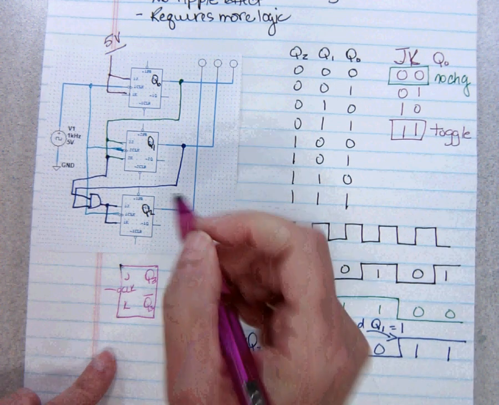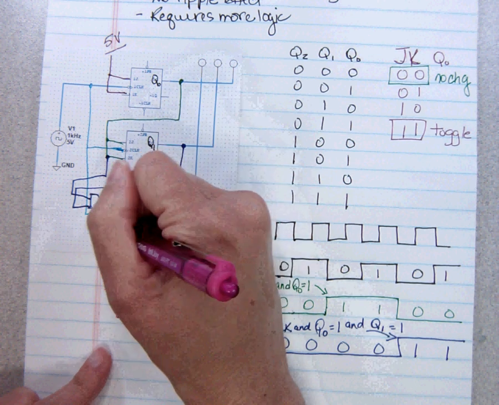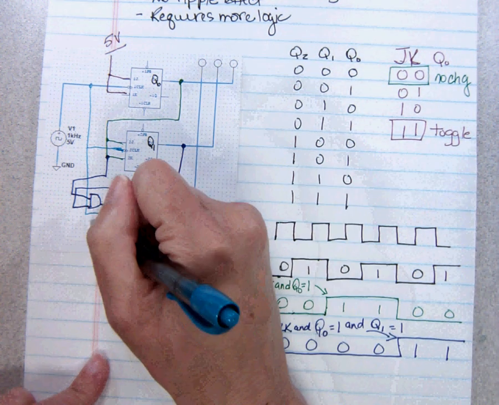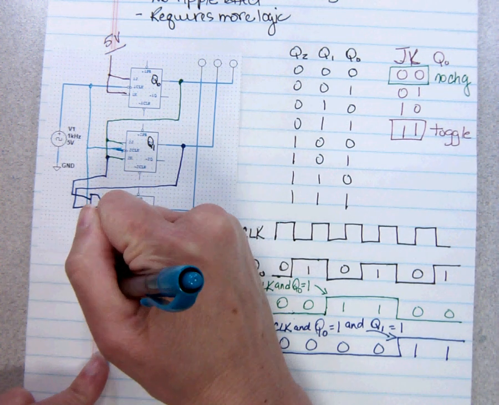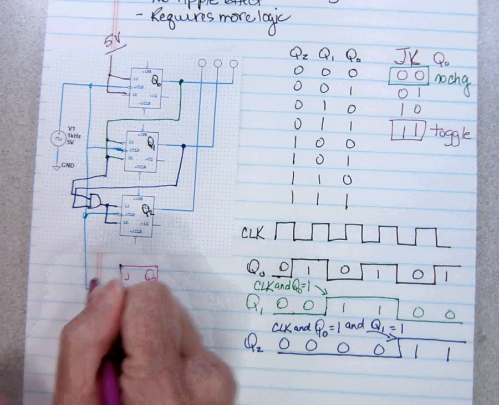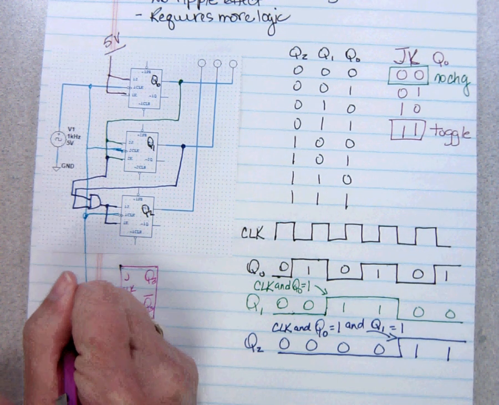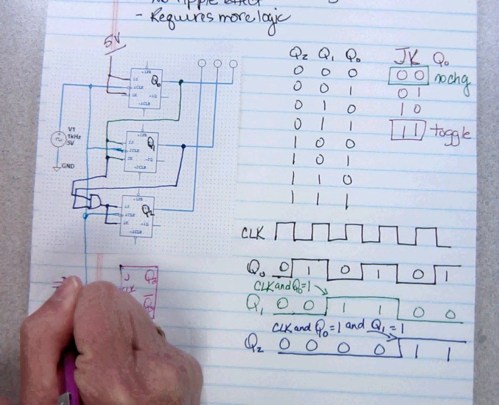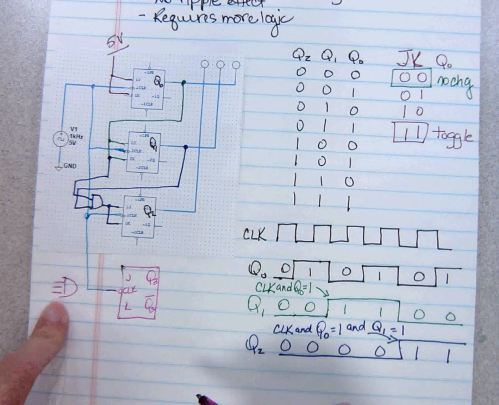So for this one, I would be tied in again to my clock because they're synchronous. But J and K would be connected with an AND gate as well, because I'll put it over here. But as you can imagine, I'm going to have 3 conditions.